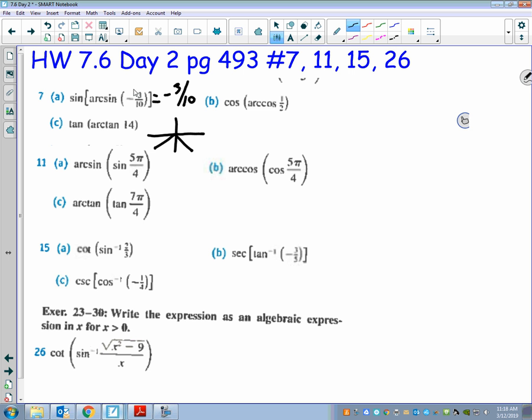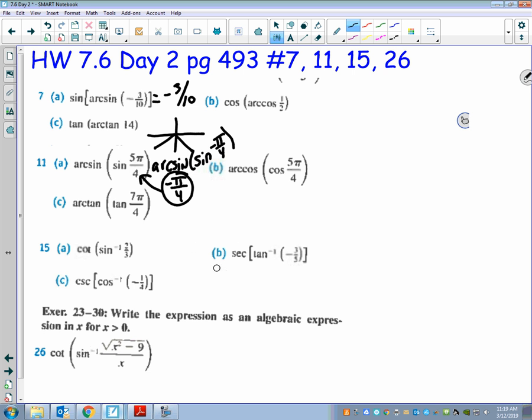Oh, that would be -pi/4. So I want the arcsine of sine of -pi/4. And if you can change it to an angle that you know, that's the answer, -pi/4. That's the answer to this. So think about that. So I did 7a and 11a.